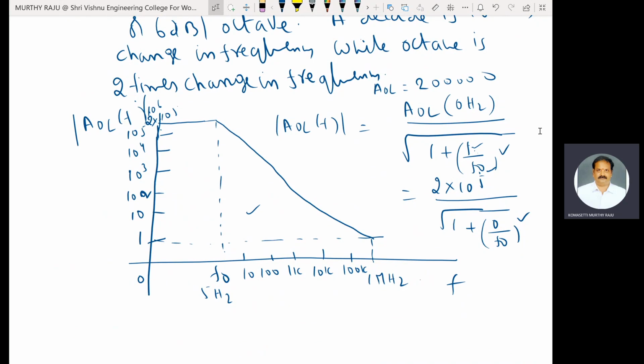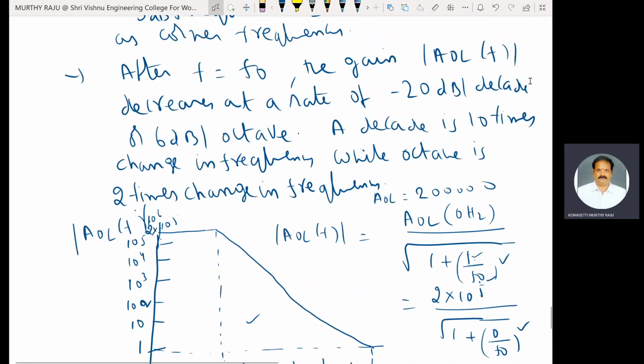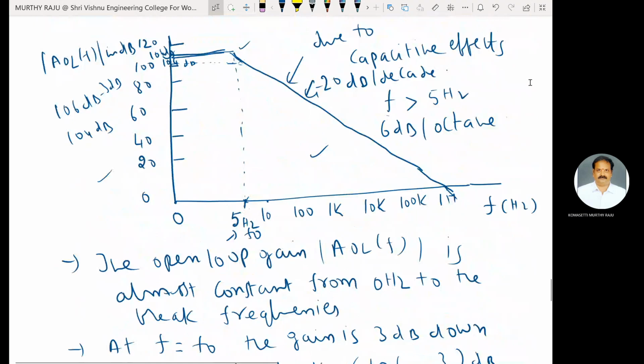At a frequency, the gain reduces to 0 dB. This means 20 log mod AOL of f is equal to 0 dB, or mod AOL of f is equal to 1.